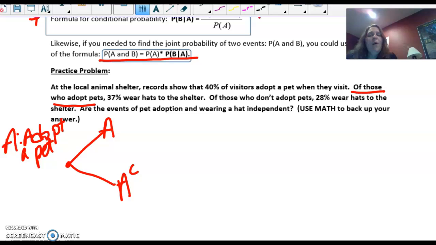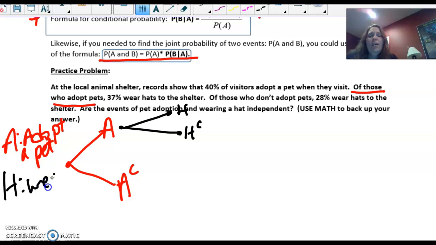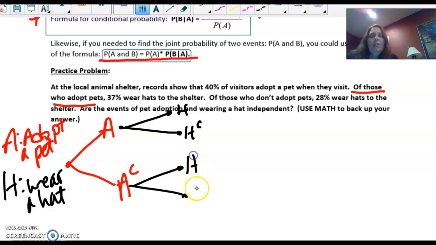Then we have something about wearing hats. It seems like hats would have nothing to do with it. But hey, you know what? I wanted to come up with something interesting. So hat versus no hat. I'm going to say H is wearing a hat. All right, hat and no hat. And remember that little C really means complement, so it's the other side of that probability coin.